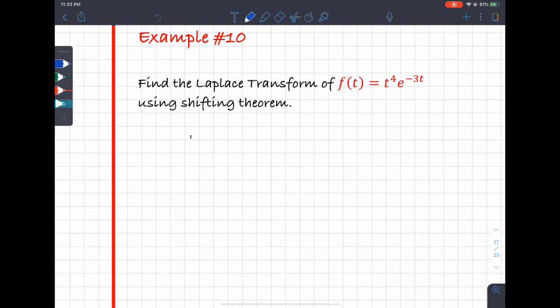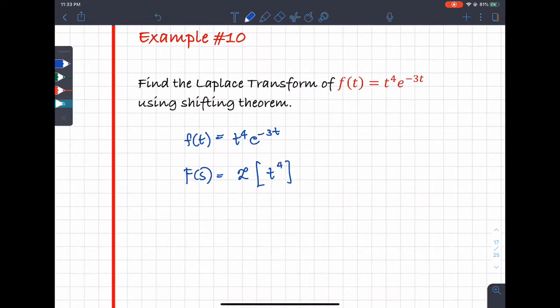Since it involves an exponential function, F of s would be equal to the Laplace transform of t raised to 4, and afterwards we're going to shift all s into s plus 3, as suggested by e raised to negative 3t.